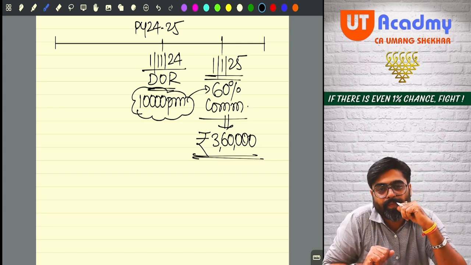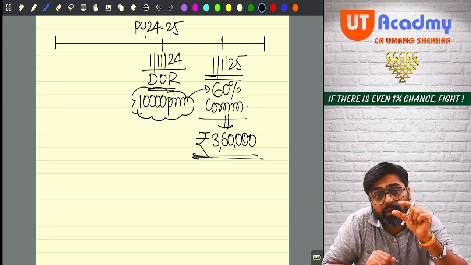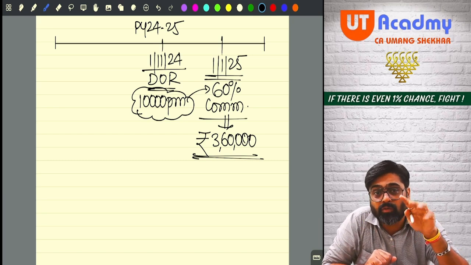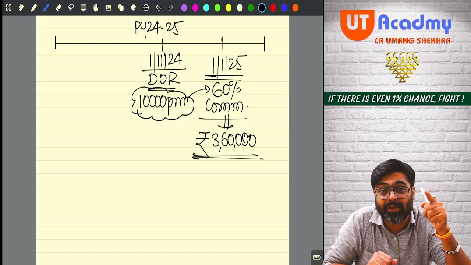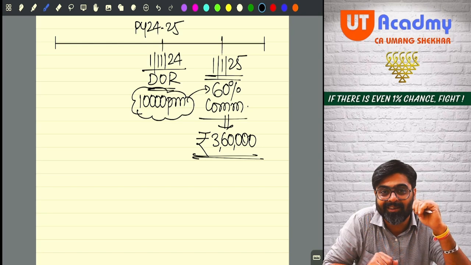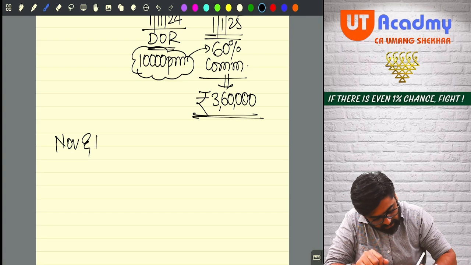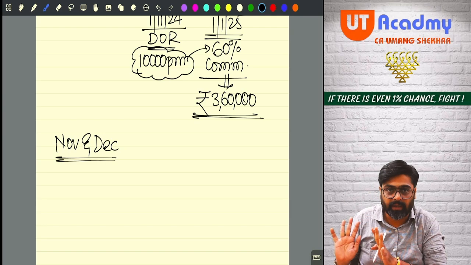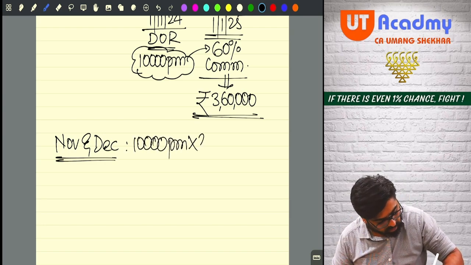Now tell me, has he entirely commuted his pension or only 60%? That means out of 10,000, 40% is still remaining monthly amount, which he is going to get for January also, February also, and March also. So can I say November and December, 2 months, he did not commute anything, so he was getting 10,000 fully into 2 months, 20,000.